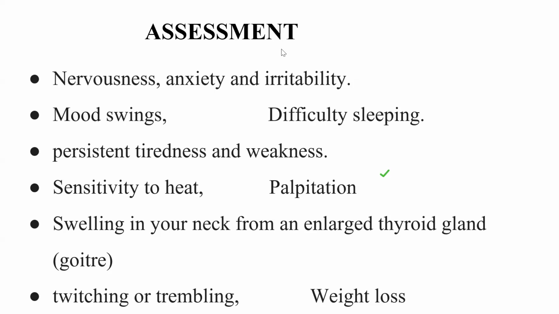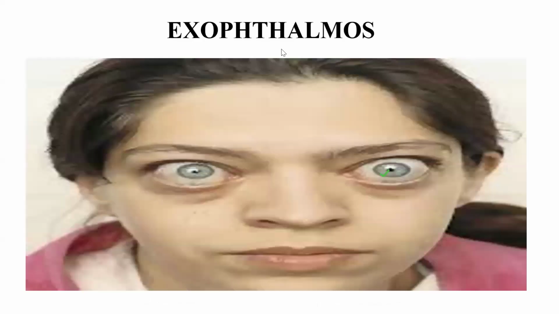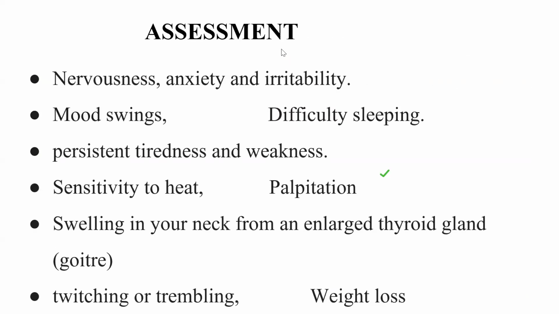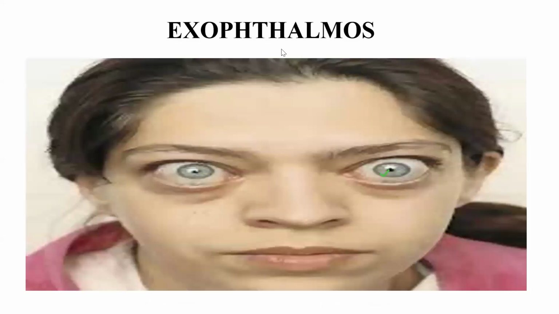It's very obvious. And there's twitching or trembling. Patients could also come down with weight loss. This is a major clinical sign, one of the things we see with clients with goiter. We said goiter is a major cause of hyperthyroidism. So this is a clinical sign of what?